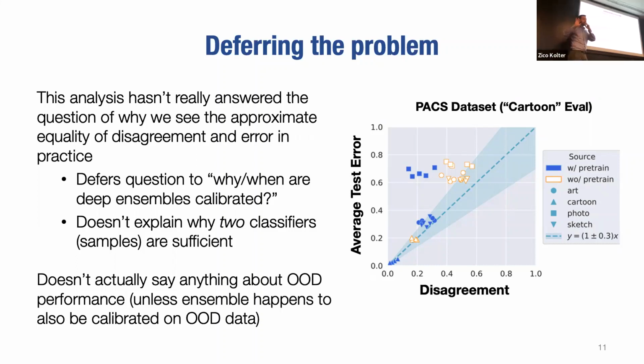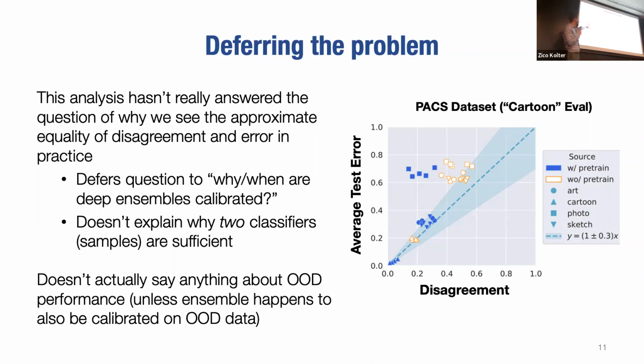Okay, so the procedure that I've given you, if you can trust these things, would in fact give you a way of estimating OOD performance without any labeled data. The problem, though, is that we're kind of deferring the problem here.